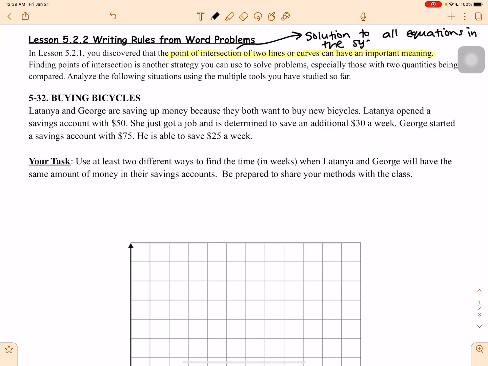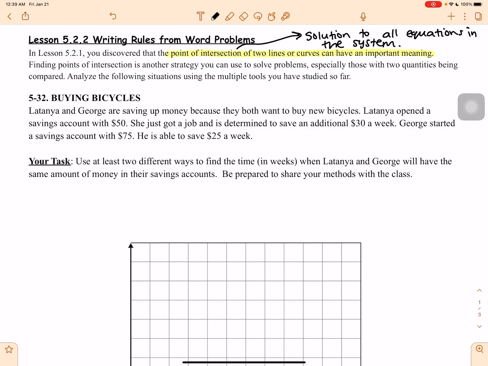It basically means that that point does lie on both lines or both curves, whatever it might be. We're mainly just dealing with lines here, but anytime that two graphs intersect, that is their solution. They both share that exact same point.